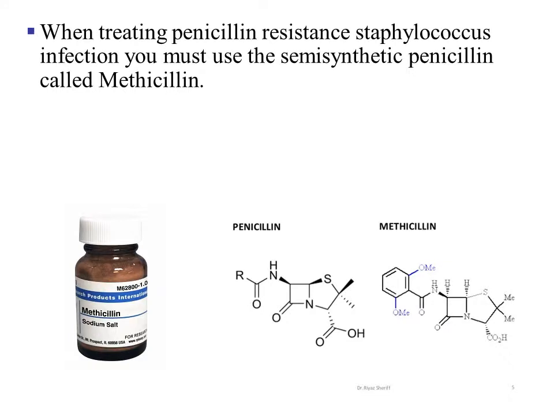When treating penicillin-resistant Staphylococcus infection, you must use a semisynthetic penicillin called methicillin. In the image below, you see the difference in the natural penicillin and the chemically modified version called methicillin.